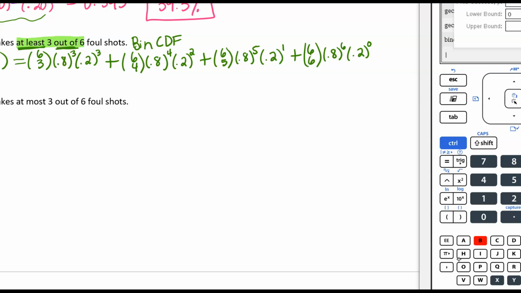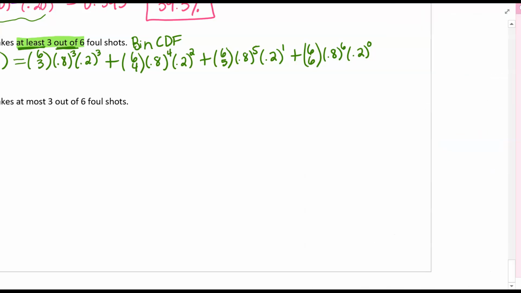How many shots is she making total? 6. And then probability of success? 0.8. What's the lower bound? 3. Good. And then the upper bound is 6. Good job. Then you press OK. And that's 0.983, or 98.3%.